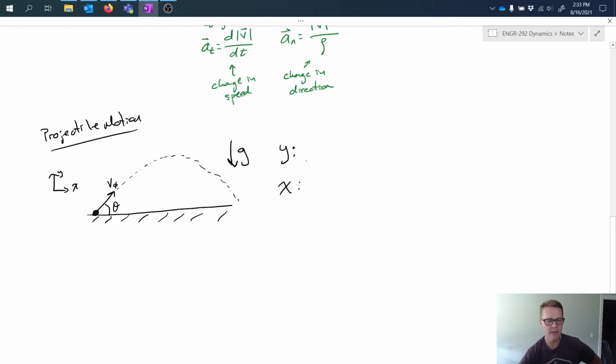What we can see here is that y represents a constant acceleration condition, and x represents a constant velocity condition. So we can use those two things in order to understand what's happening with this ball or whatever it is at any point in time as it follows this curved path.